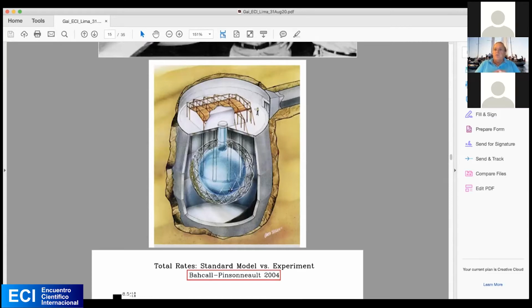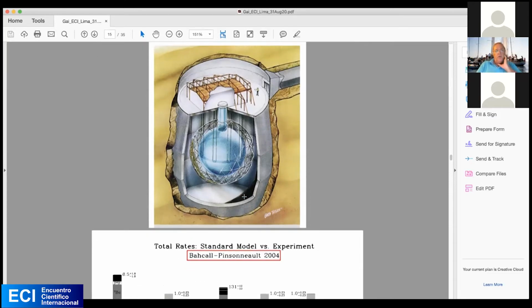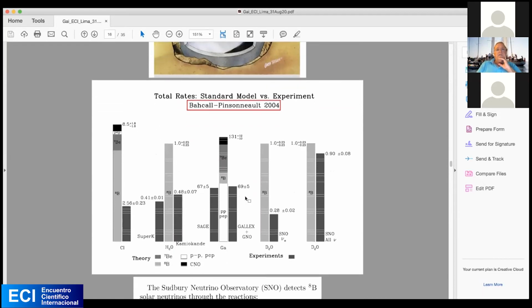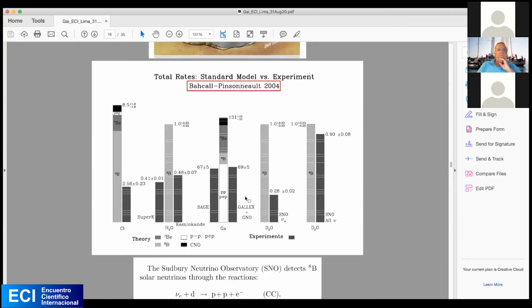The Sudbury neutrino experiment does not use carbon tetrachloride. It uses heavy water, D2O, and looks at dissociation of deuterium by the neutrinos. And here is the situation in 2004. The chlorine experiment saw a discrepancy of maybe a factor of 3.5 between the solar model and the observed value.